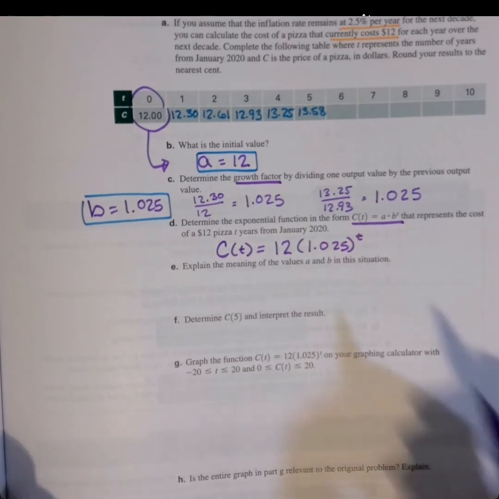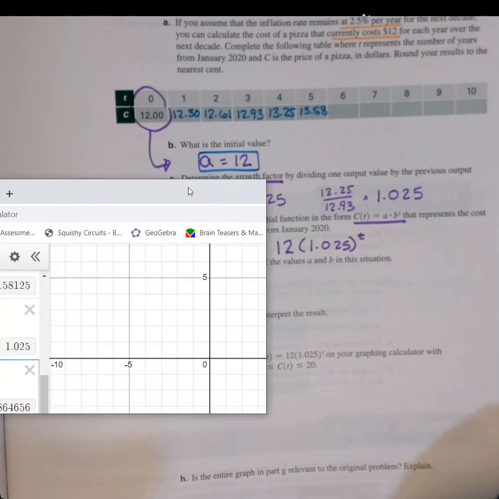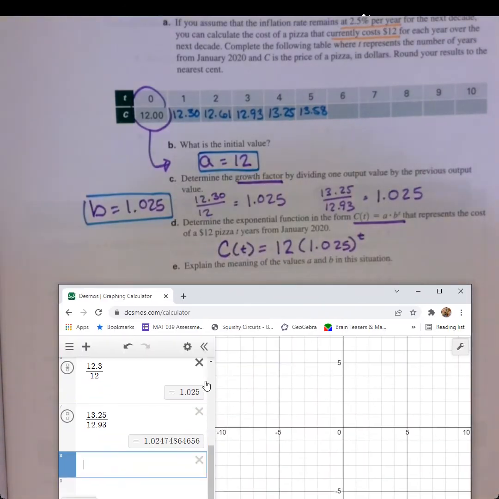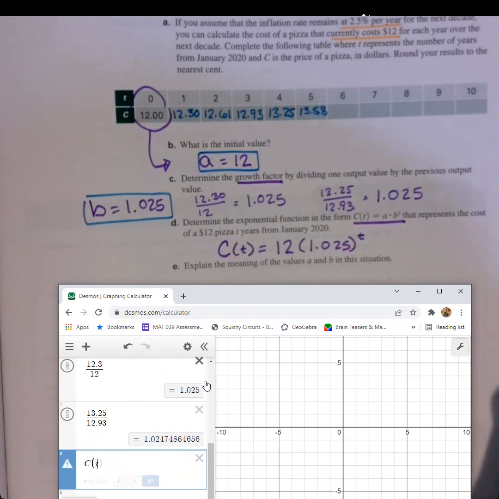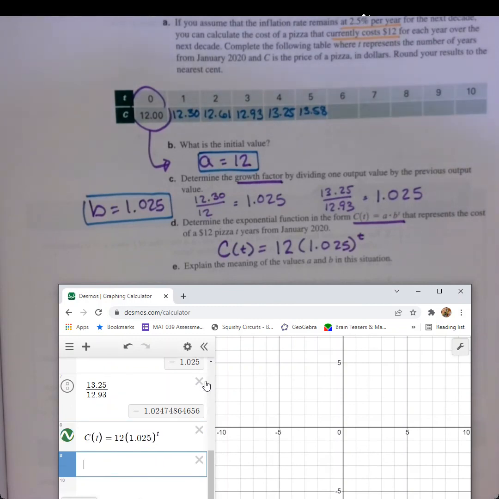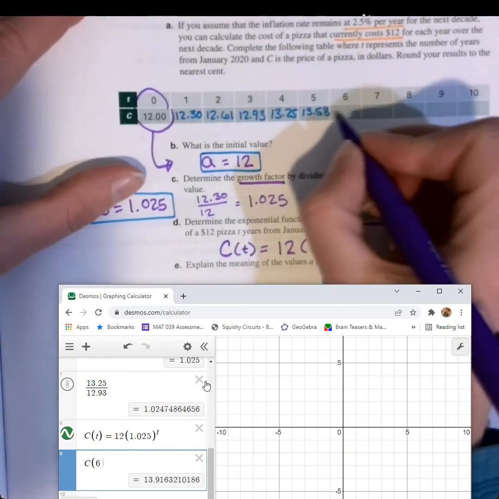All right, so now I'm just going to go back and fill in the rest of those numbers up here, so I can use the formula for it. Just makes it a little faster for me while I'm doing my video. You can fill them out by hand and just compare. So C of T is 12 times 1.025 to the T. And I can evaluate C of 6. This one would be 13.92.